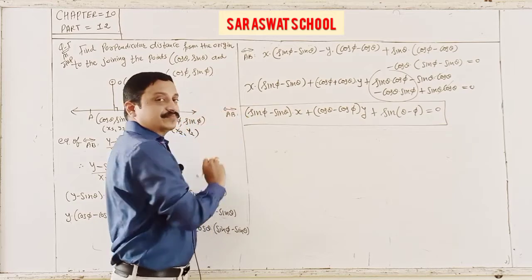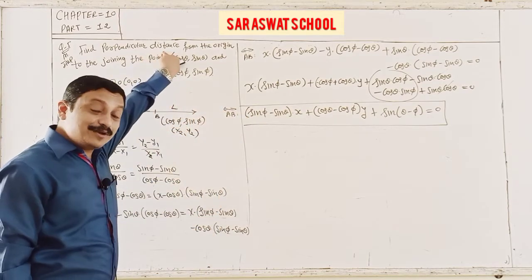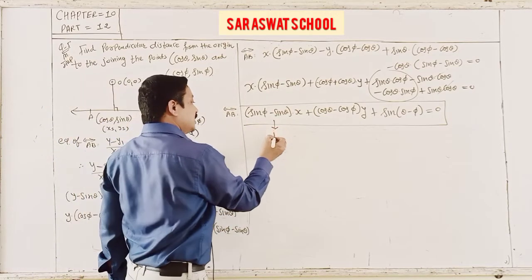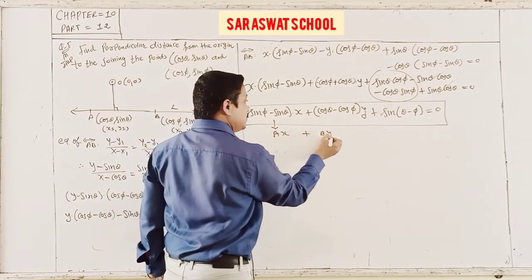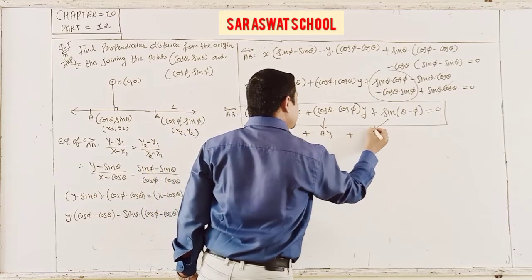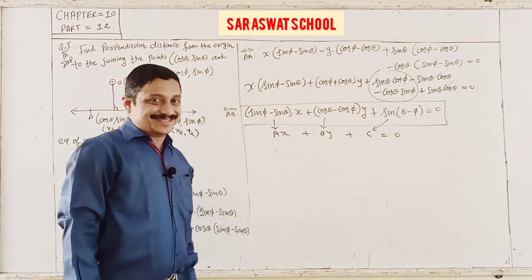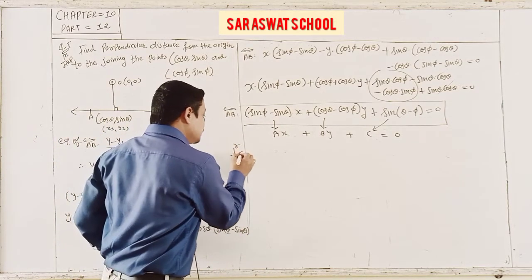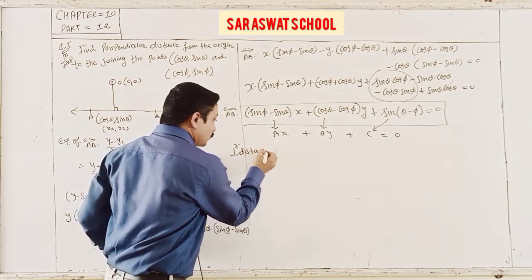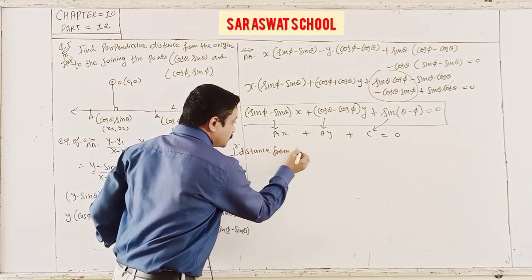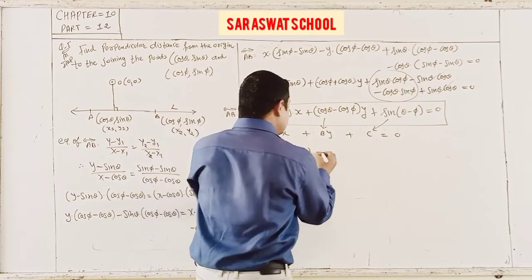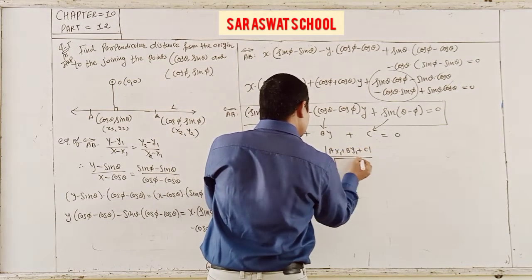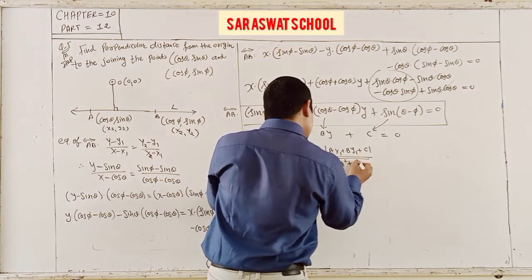Now question read: we want the perpendicular distance from the origin to the given line AB. So can we write down here ax plus by plus c? Yes, so the perpendicular distance formula. Therefore perpendicular distance from (0, 0) is what? Modulus of ax1 plus by1 plus c upon root of a square plus b square.